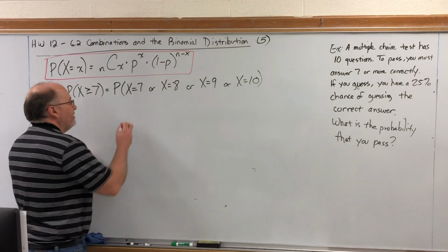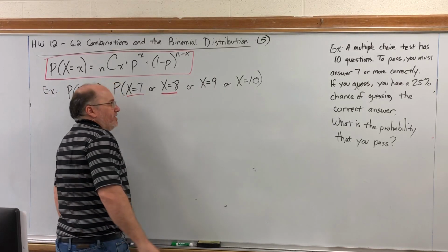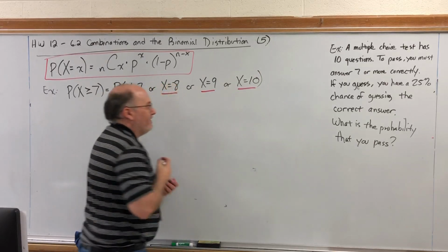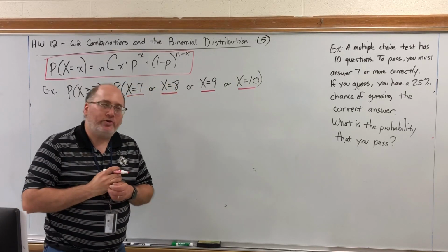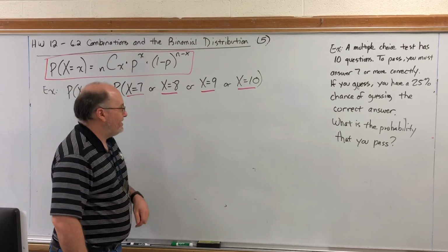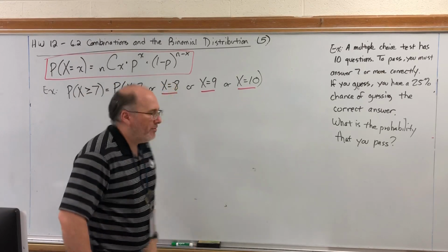But think about it. This event that you get 7 correct, this event that you get 8 correct, this event that you get 9 correct, and this event that you get 10 correct are all mutually exclusive. You can't do two of these things at the same time. You can't say, I got 8 of them correct, oh, and I also got 10 correct at the same time.